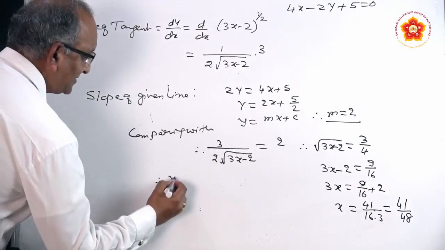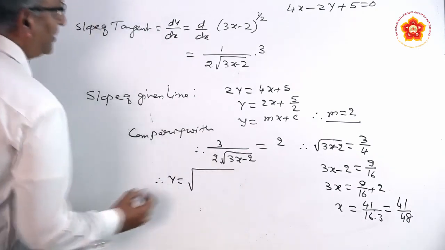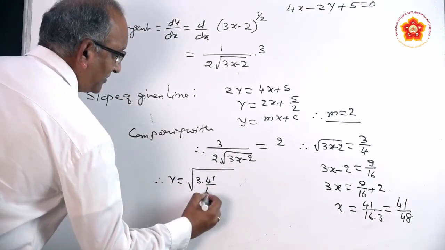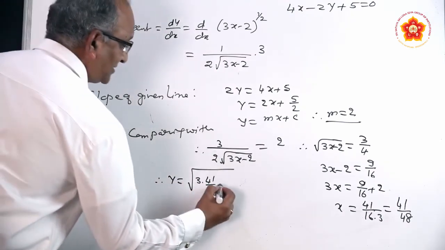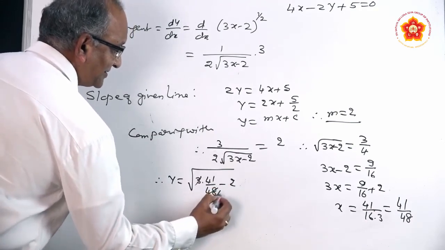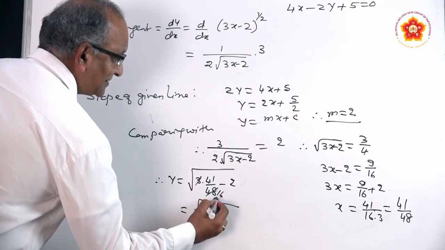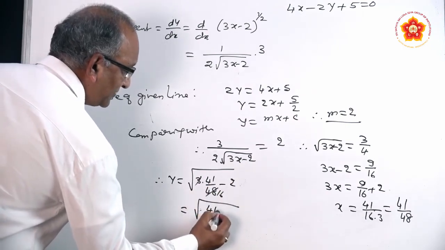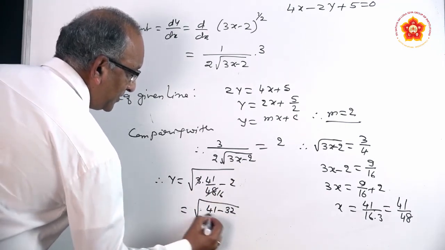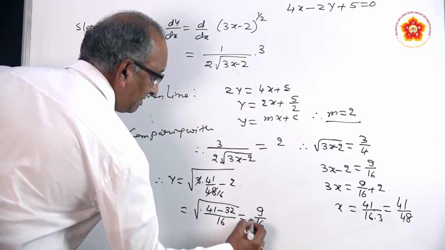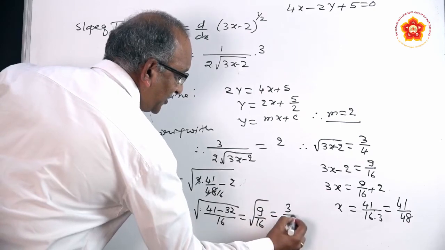So, hence y is equal to under root of 3 into 41 by 48 minus 2. 3 1s are 3, 16s are 41 by 16 minus 2, which can be written as 41 minus 32 by 16, 9 by 16. We can say that it is 3 by 4.